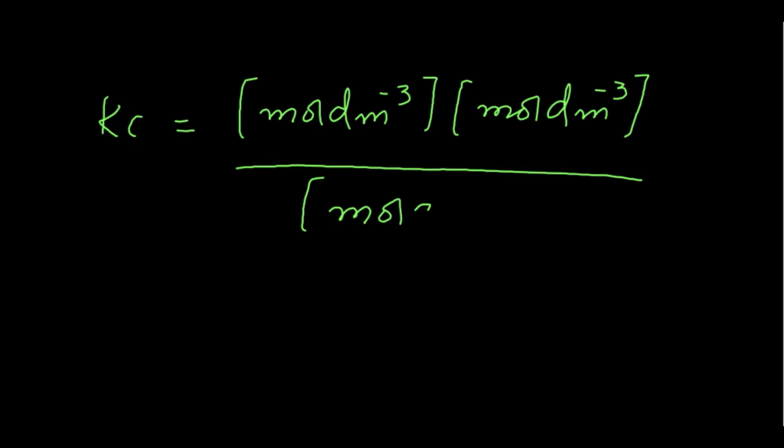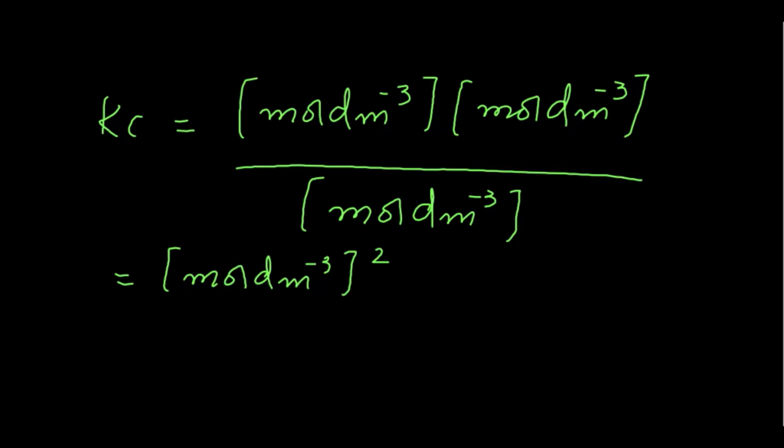Now here we have 1 plus 1 is equal to 2. So we write here Kc is equal to mole per cubic decimeter to the power 2 over mole per cubic decimeter.